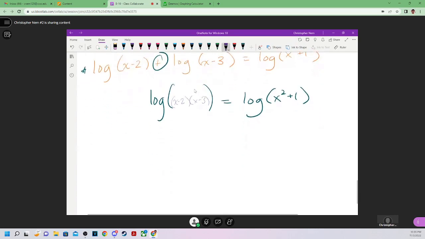Well, now the logs are isolated, thankfully, which means I can apply my inverse exponential function. The common log base is base 10, so remember, these are exponents. The entire thing is an exponent. That means I can apply base 10 to each of these.